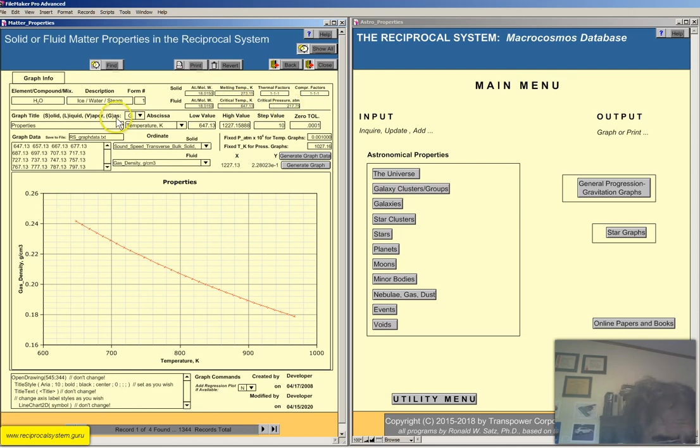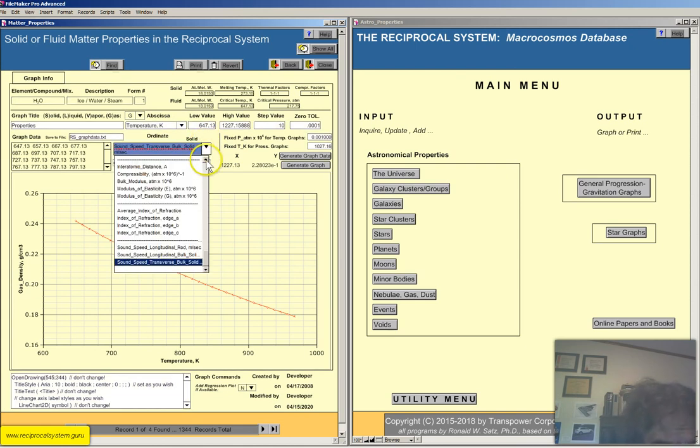It's G for gas. So this will be temperature in Kelvin, just like that. A low value, high value, step value, zero tolerance. The fixed P, so this time this is under pressure, okay, because the one is there instead of at the end. And, okay, so this is temperature.